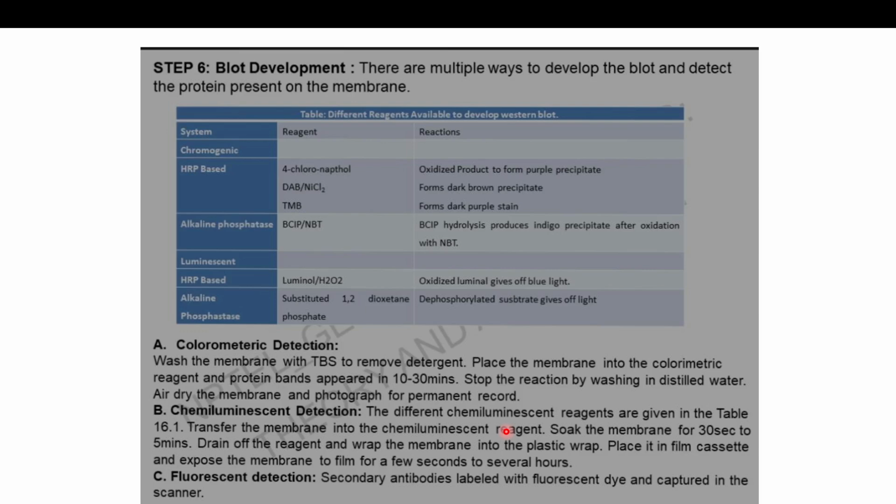Whether the reagent is enzyme based, fluorophore based, or gives out a luminescent or colorimetric signal, there are multiple ways to detect what type of molecule has been tagged onto the secondary antibody, for detection.